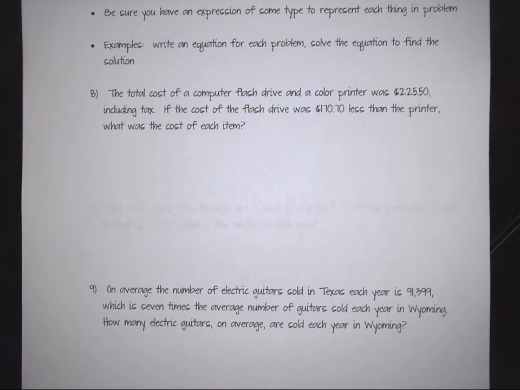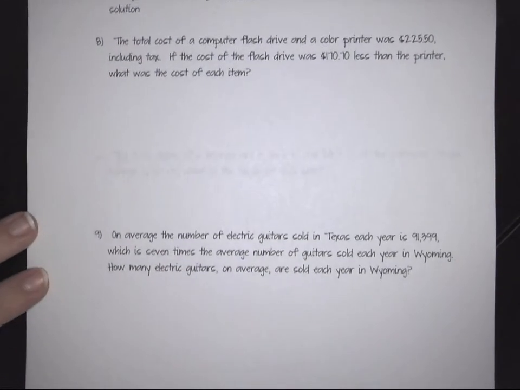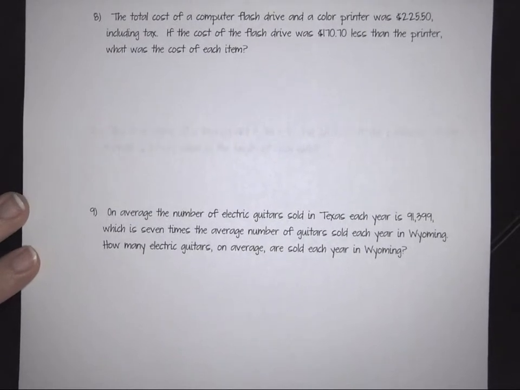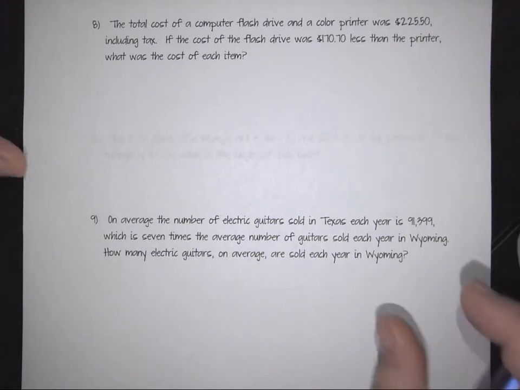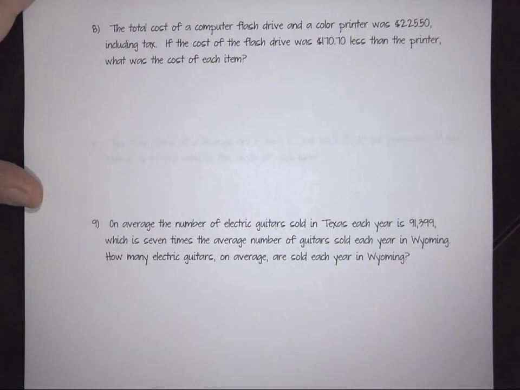And in each example, we're going to talk through how exactly you come up with the equations and the key things that you have to look for. So the first one says, the total cost of a computer flash drive and a color printer was $225.50. Okay, so that's where I would stop. And I would look at what exactly do I know here.